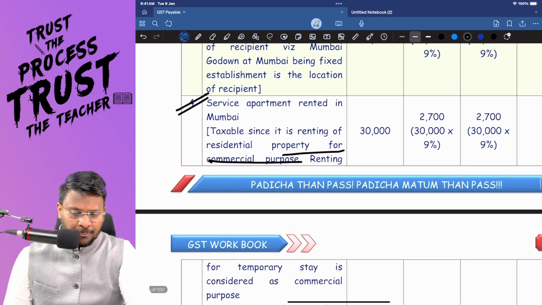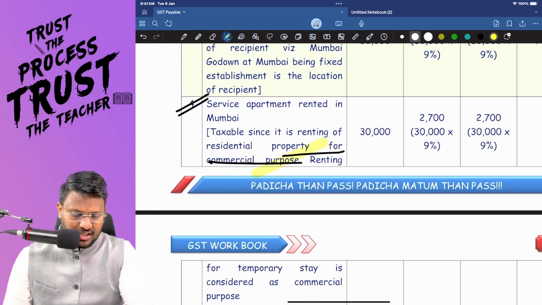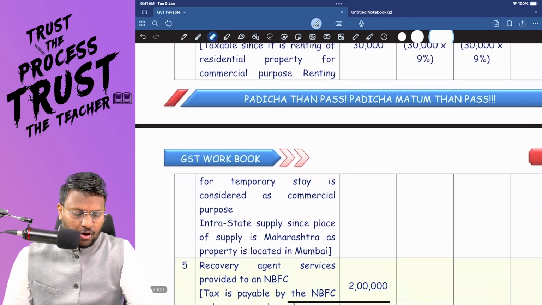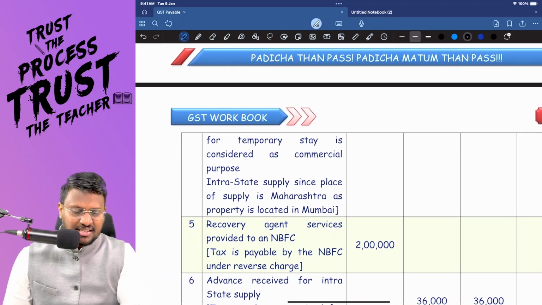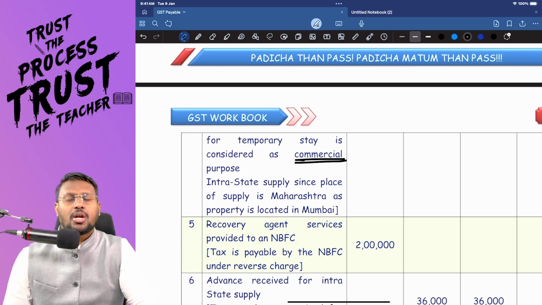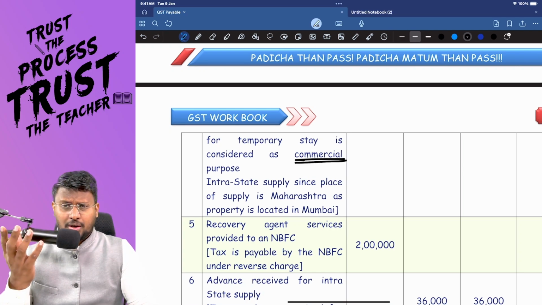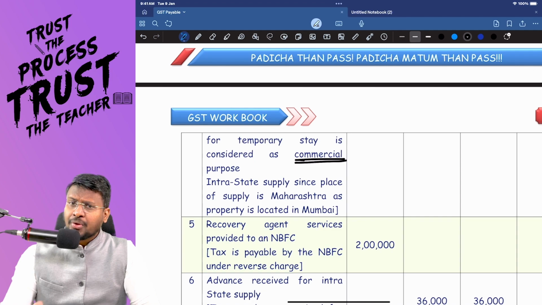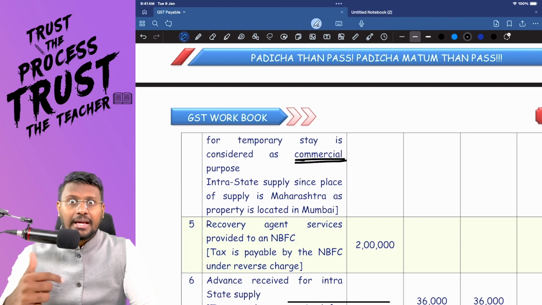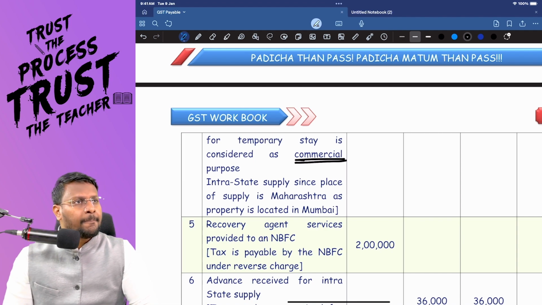So taxable, since it is renting of residential property for commercial purpose. Renting for temporary stay is considered as what purpose? Commercial purpose. Because if it is for residential purpose, it should be long term. Long term means monthly rent has to be paid, not daily rent. Since you are paying daily rent, it is commercial in nature and not what? Residential in nature.